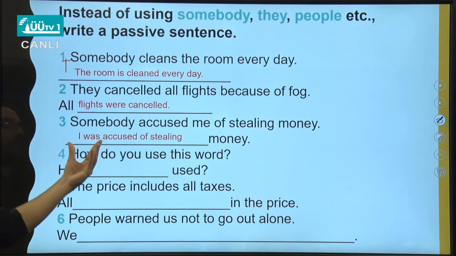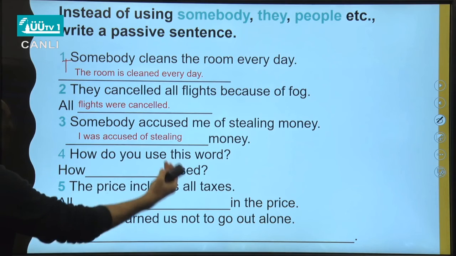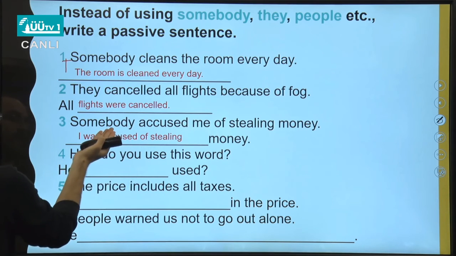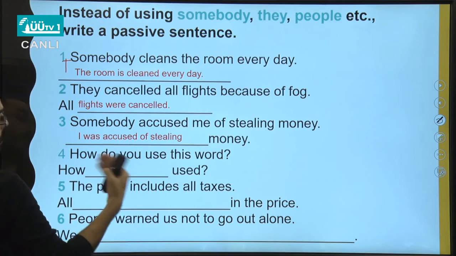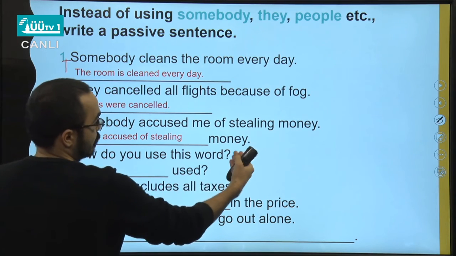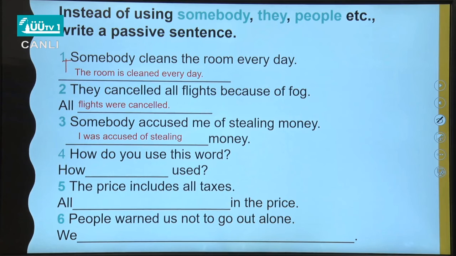I, right? I was accused of stealing money. So as you can see, the object becomes the subject here, right? Object is me. Here somebody is the subject. So subject becomes agent, right? By somebody actually. How is this word used?